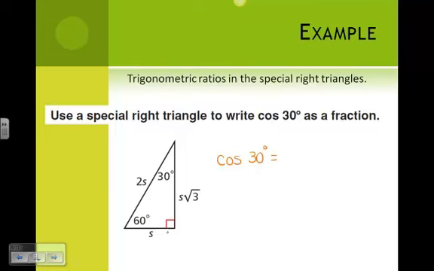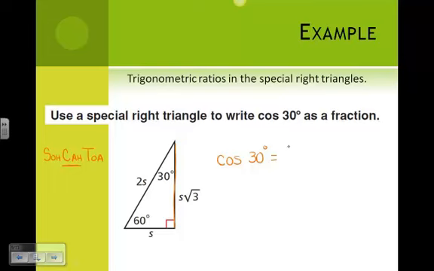Now remember from SOHCAHTOA, sine is opposite over hypotenuse. Cosine is adjacent over hypotenuse. Tangent is opposite over adjacent. So our focus right now is the cosine. So we find our 30-degree angle, which is here, and we need to go adjacent to the 30-degree angle.